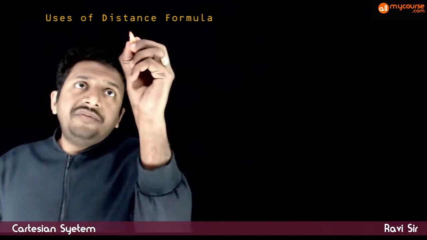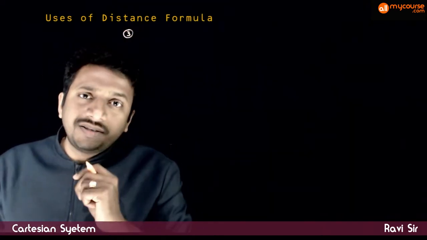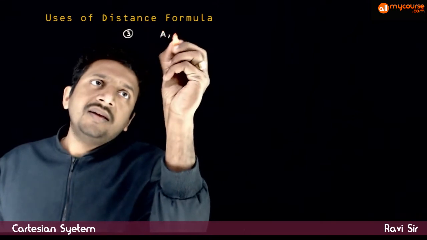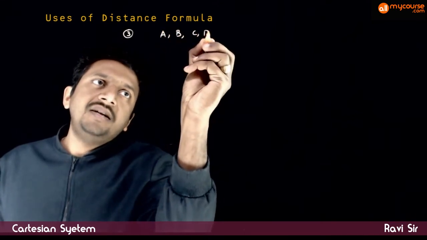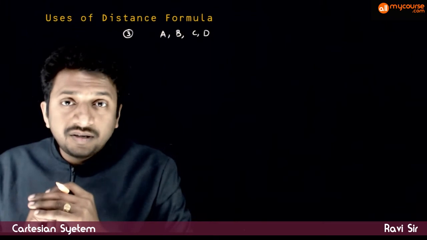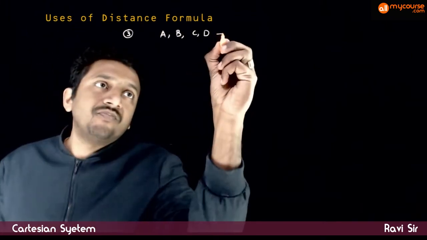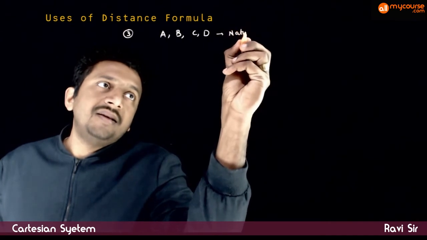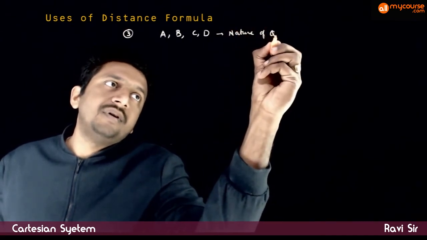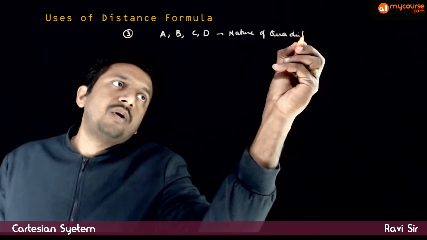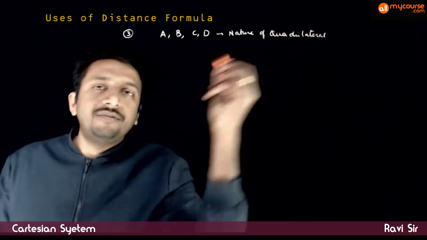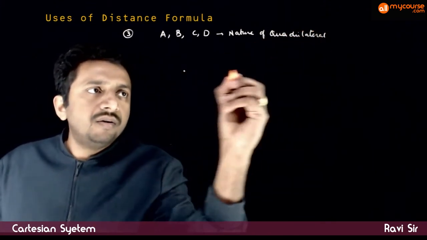Next, if you're given 4 points A, B, C, D, you can determine the nature of the quadrilateral that is formed.